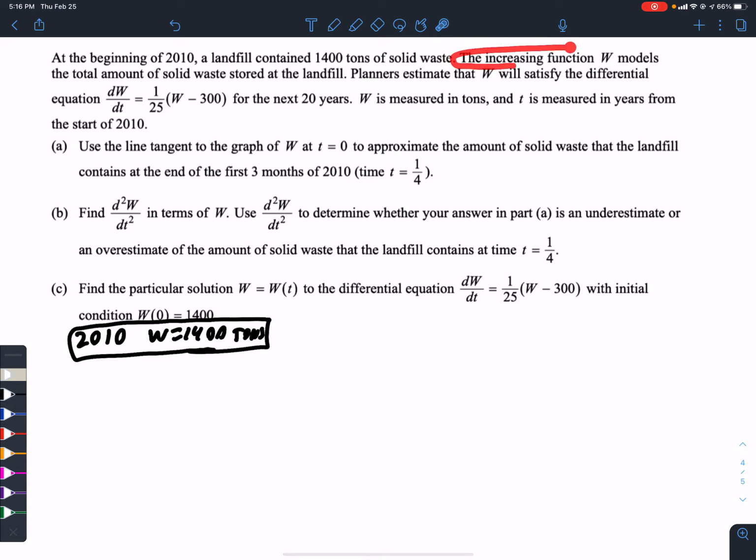Then they tell us that the increasing function W models the total amount of solid waste stored in the landfill. So what does W represent? Write that down, W of T, or just W. And what does that represent? That represents the total amount of trash.